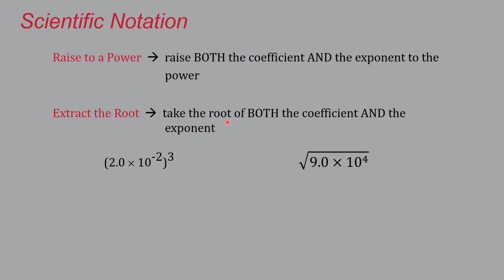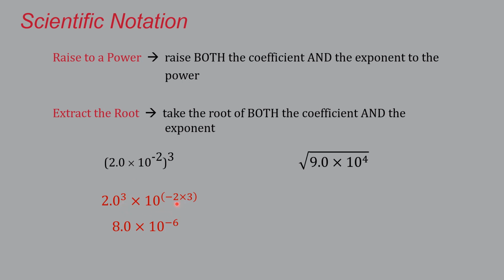And if you are taking a root, it's the exact opposite. Again, apply the operation to both the mantissa and the exponent. For example, here, this is going to expand out to be 2 to the third power.